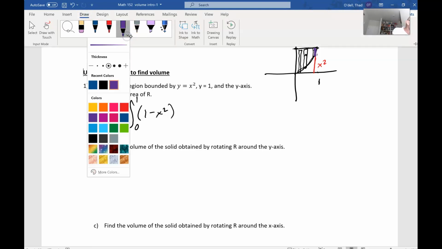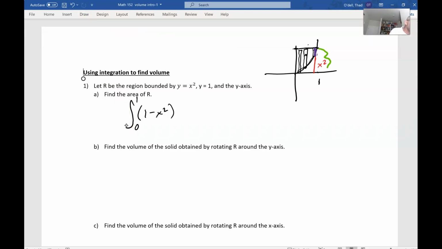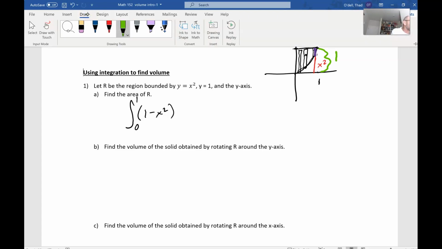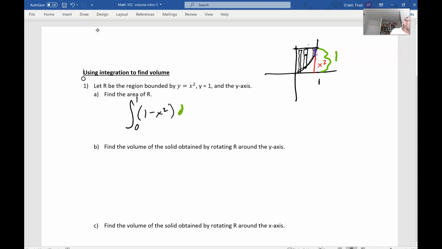This total distance would be 1. So you can see that's why I'm taking 1 minus x squared to get the distance I want. Let's get back to our normal color here. And so we put a dx in there.